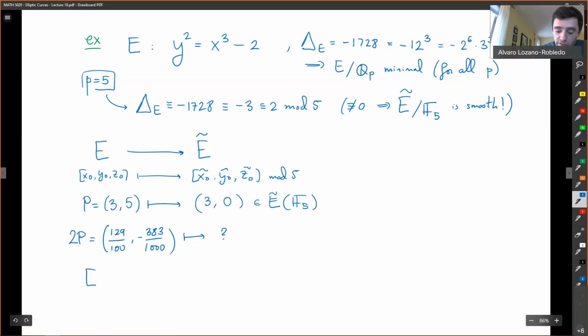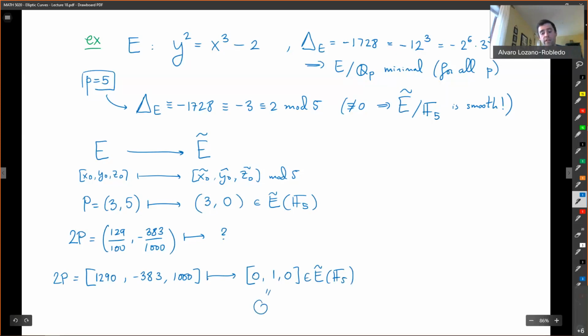If I multiply through by 1,000, I get (1290, minus 383, 1,000). This is still 2P in projective coordinates. And now I can reduce that because not all of them are divisible by 5. So this maps to (0, 1, 0) over F5, which is O. It turns out that that point maps to the point at infinity.